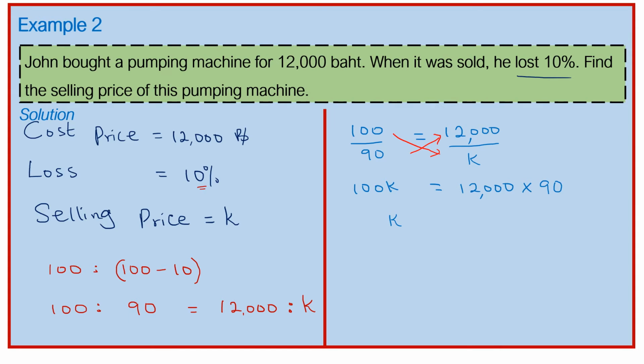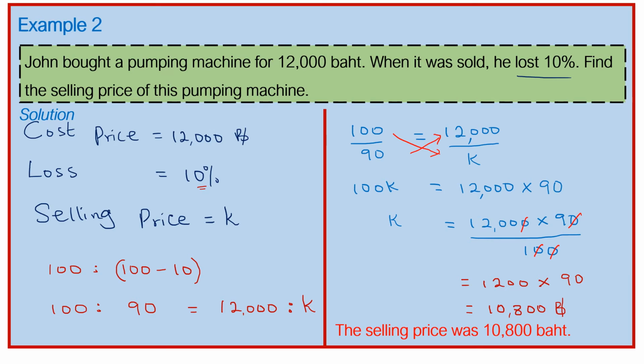So K equals 12,000 times 90 divided by 100. So this 0 goes with this 0, this 0 goes with this 0, such that I get 1,200 times 90, and I come up with 10,800 baht.